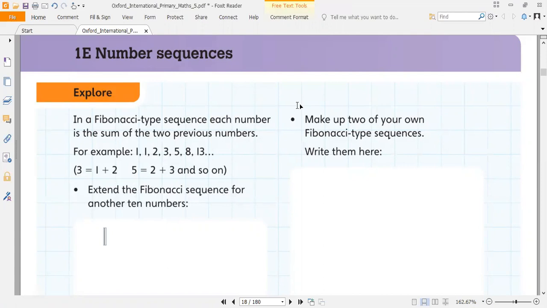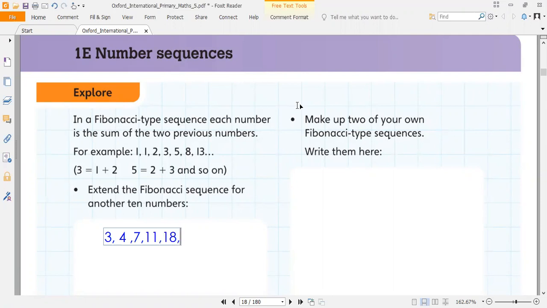Let's suppose we choose numbers as 3 and 4. If we choose 3 and 4, then the next number will be their sum, that is 3 plus 4 is equal to 7. After that, 4 plus 7 is equal to 11. After that, 11 plus 7 is equal to 18.